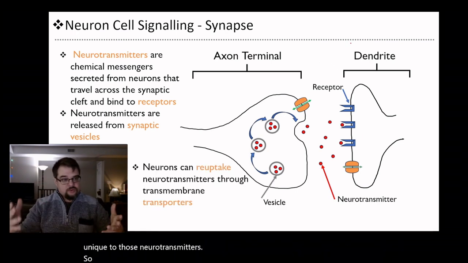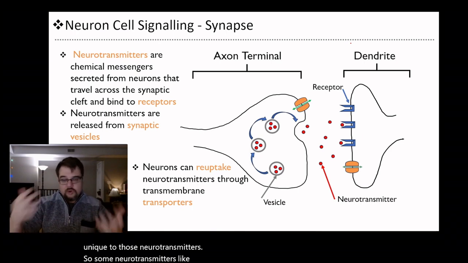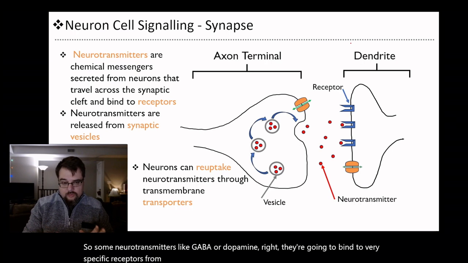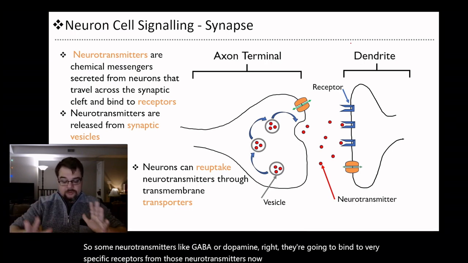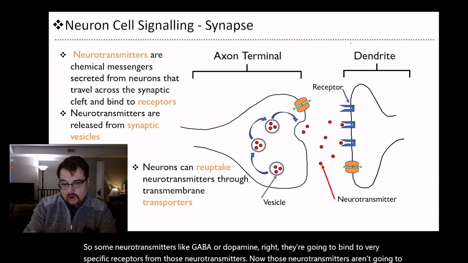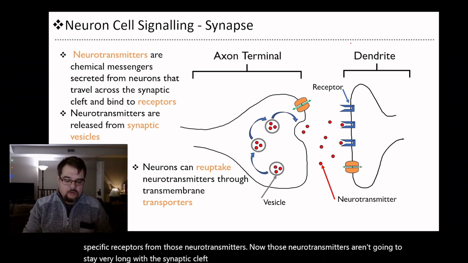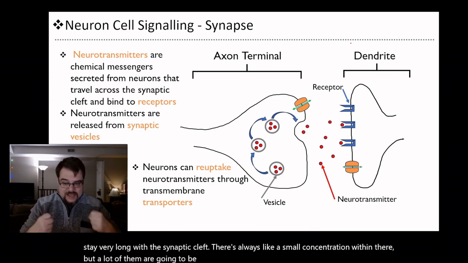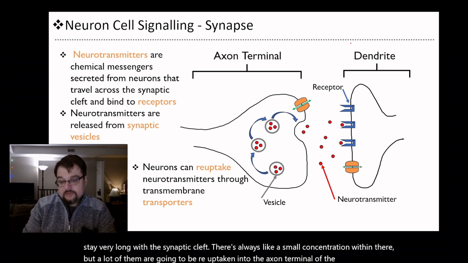Some neurotransmitters like GABA or dopamine bind to very specific receptors. Those neurotransmitters aren't going to stay very long within the synaptic cleft. There's always a small concentration within there, but a lot of them are going to be reuptaken into the axon terminal of the neural cell so they can be used.